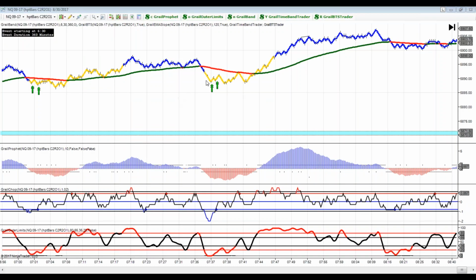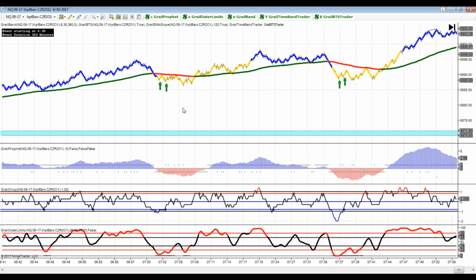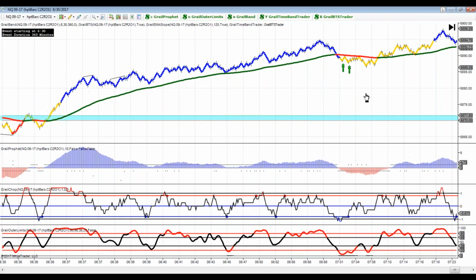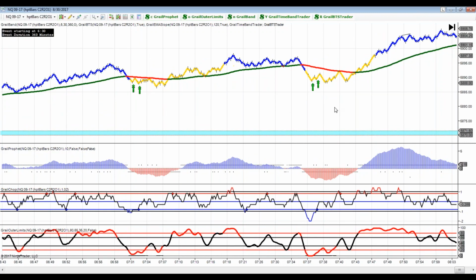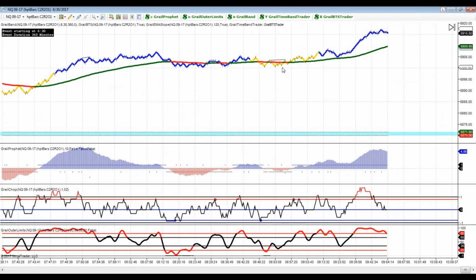All right, so here we go. These are the Grail 3s. What they are is picking up yellow following blue. And we didn't get deep enough here.